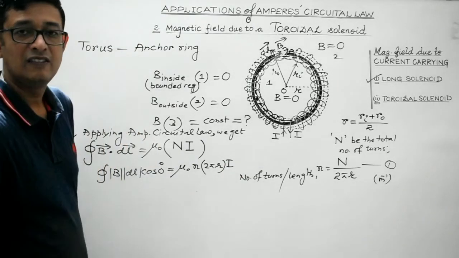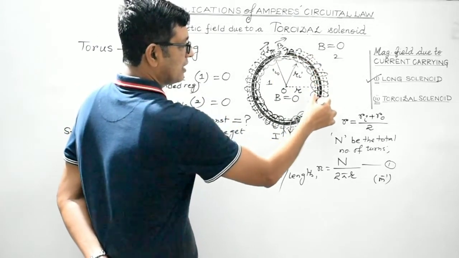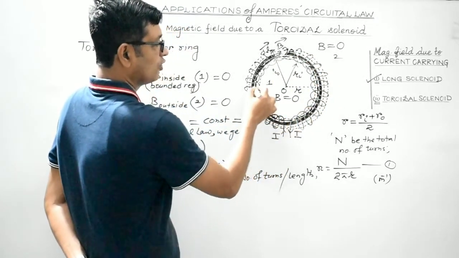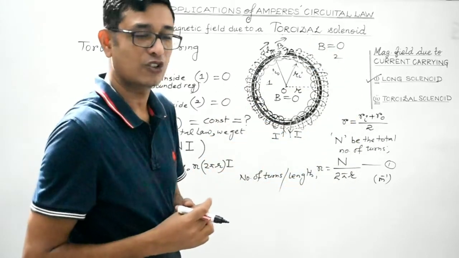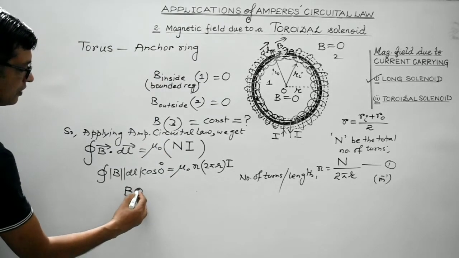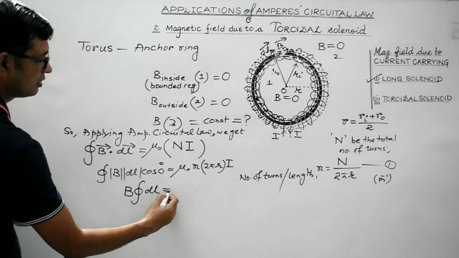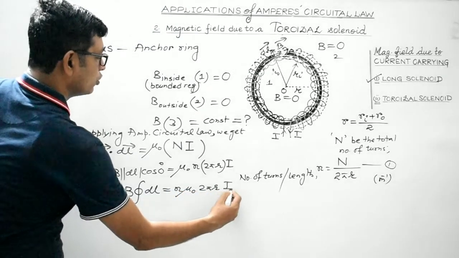Cos 0 is 1. Also, magnetic field at any point inside the current carrying toroidal solenoid is constant. Why? Because magnetic field lines are almost parallel inside the toroidal solenoid. So magnetic field being constant, it can be taken outside the integration. So integration of dl is equal to n mu naught 2 pi r into I.